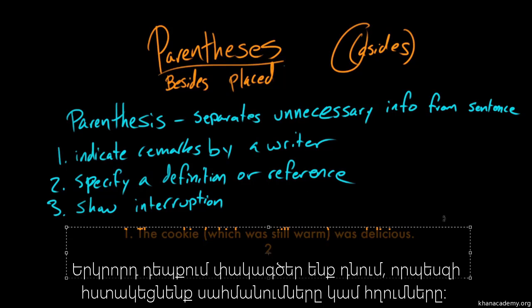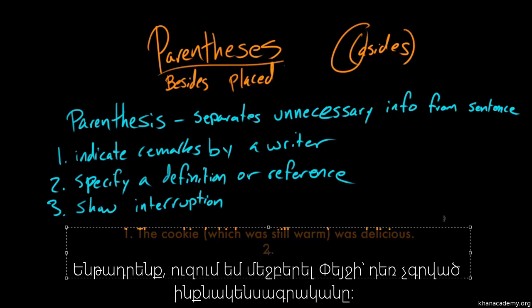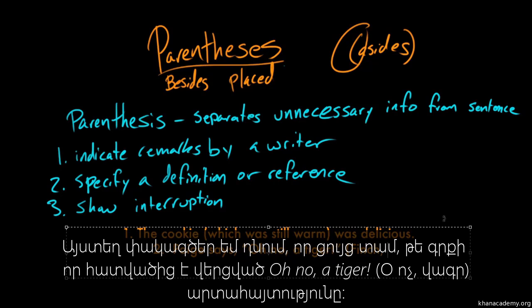So the second way in which you use parentheses is to specify a definition or reference. So let's say I wanted to quote Paige's as yet unwritten autobiography. What I'm doing here is I'm using this parenthetical aside to cite where in her book she said, "Oh no, a tiger."